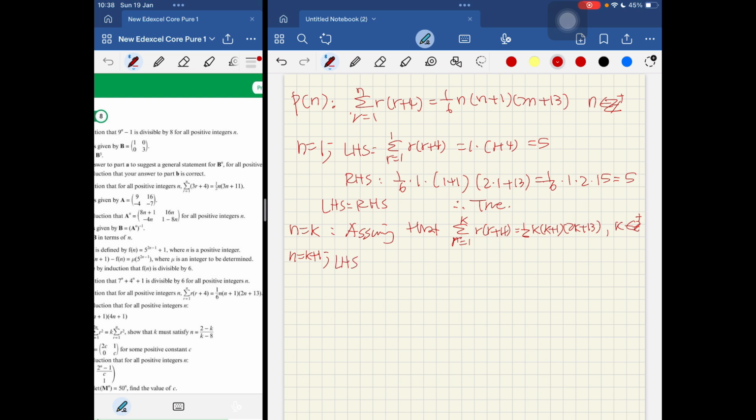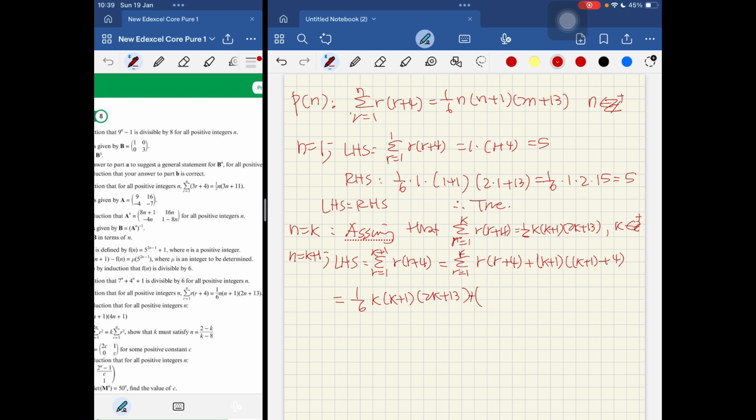So LHS, r equals 1 to k plus 1 of r(r plus 4), we separate it into 1 to k, and the last one, k plus 1 times (k plus 1 plus 4). For the first part, by assumption, we have this result, 1 over 6 k(k plus 1)(2k plus 13).